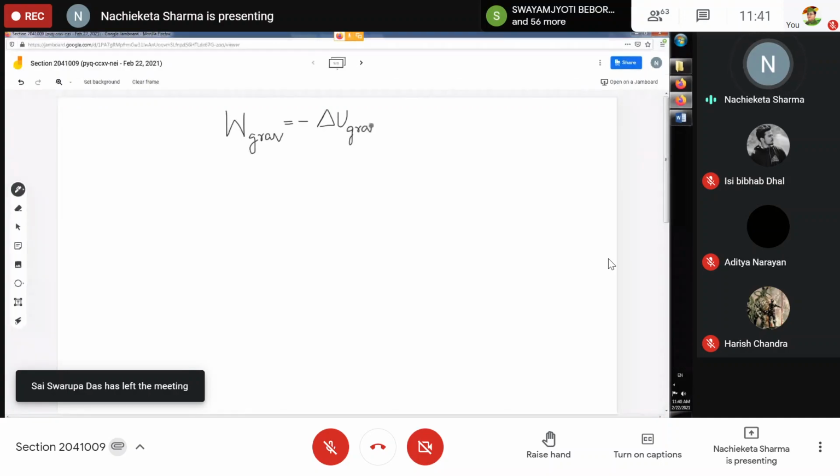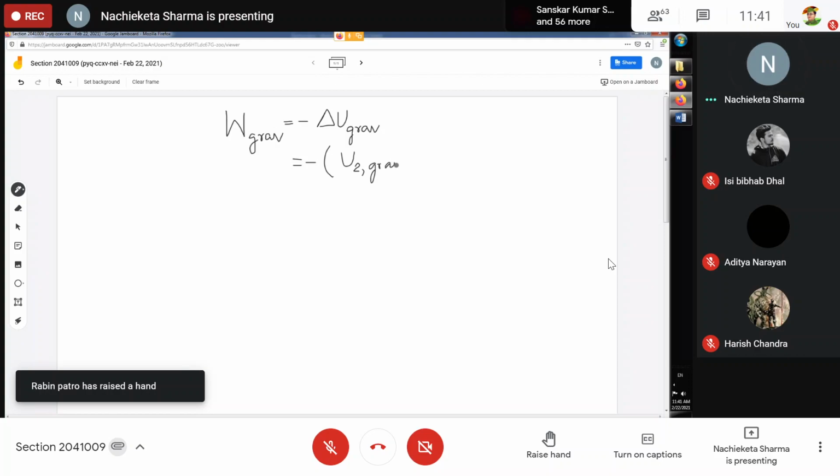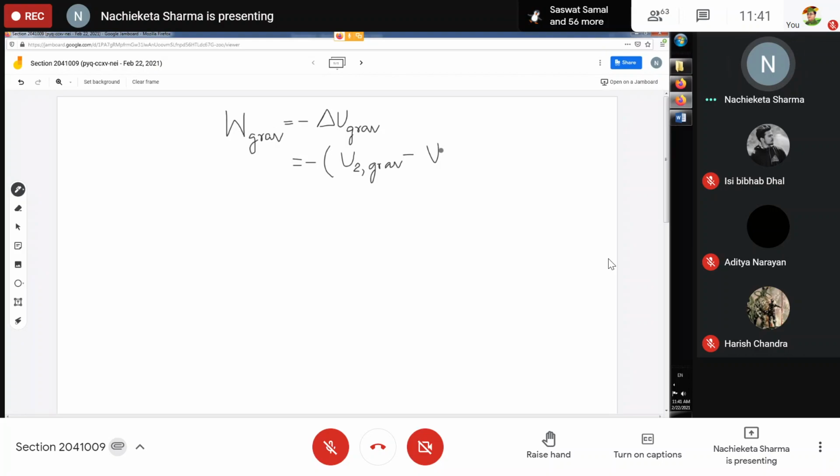That is equal to minus, and then delta U grave means U2 grave minus U1 grave.